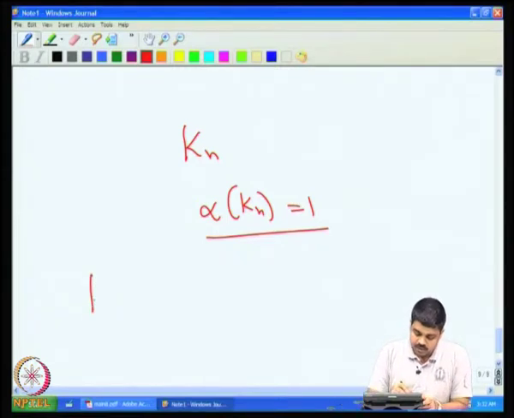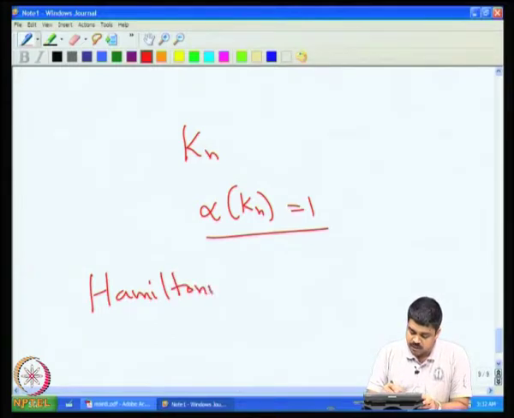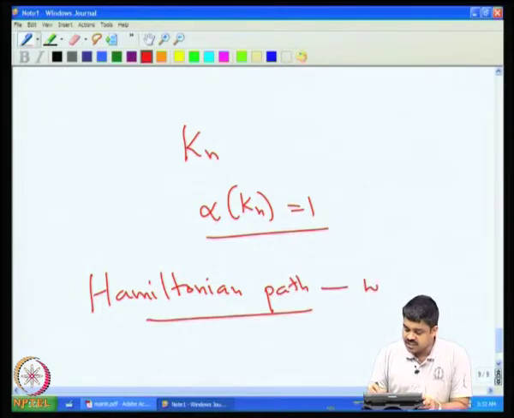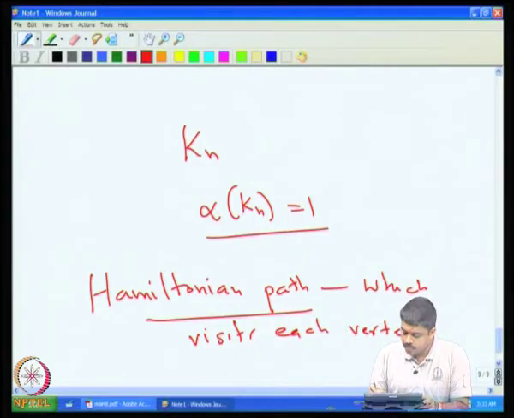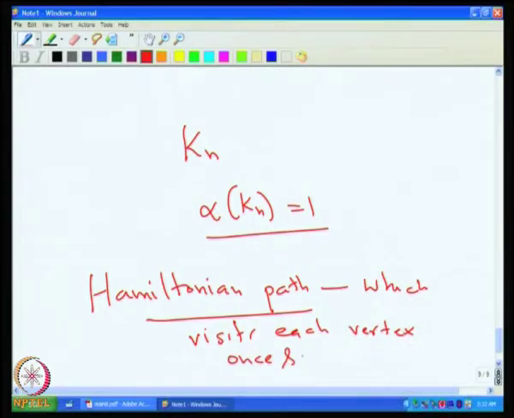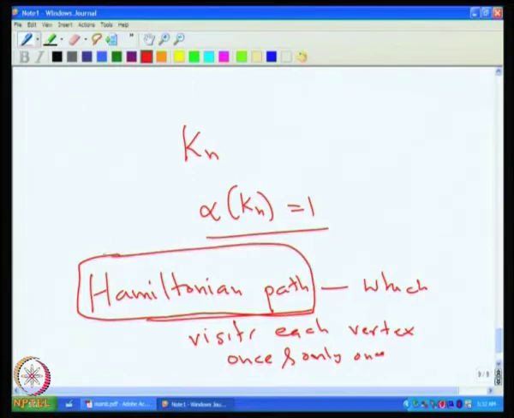What is a Hamiltonian path? A Hamiltonian path is a path which visits each vertex once and only once. So this is one term which we should be familiar with. A Hamiltonian path will move from vertex to vertex, and every vertex will come exactly once.